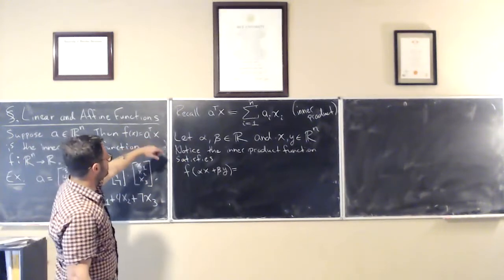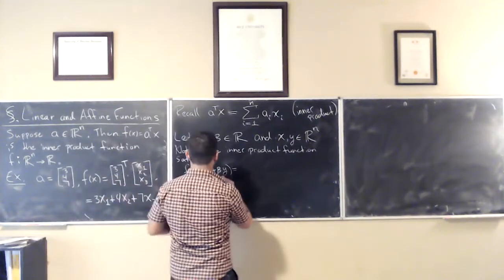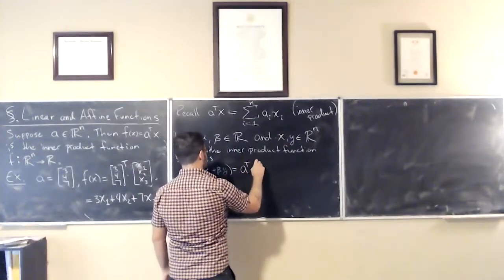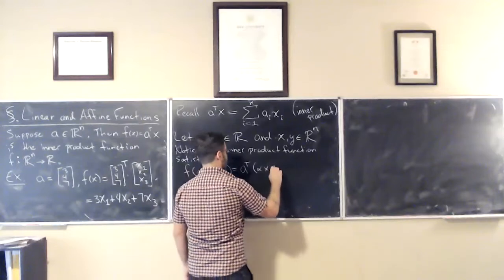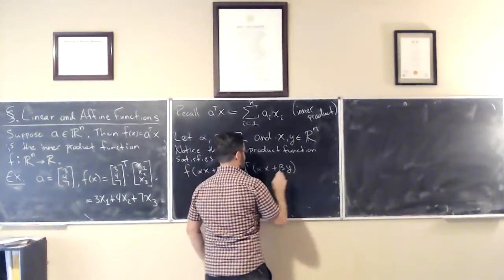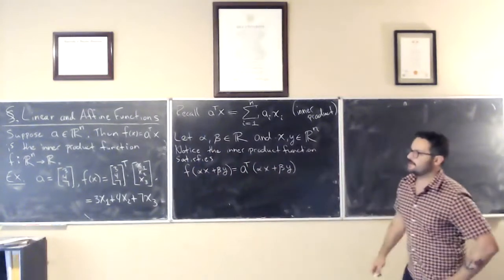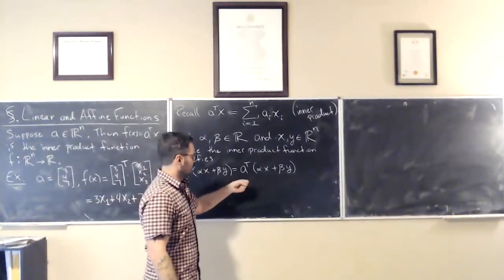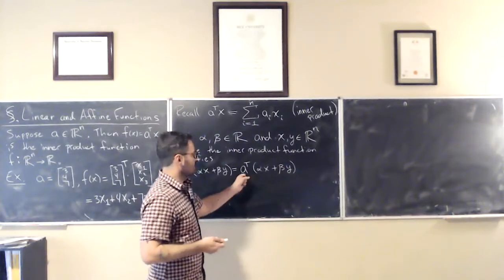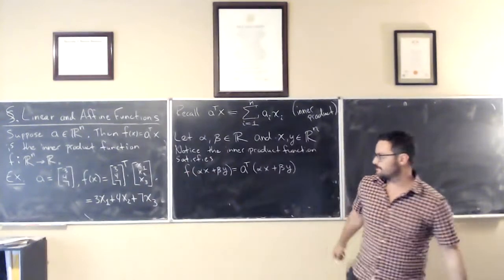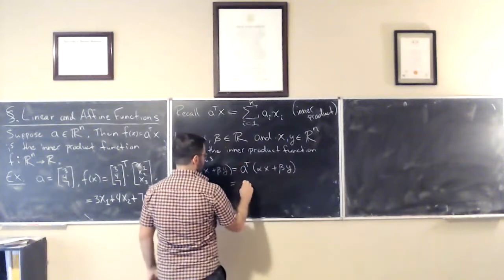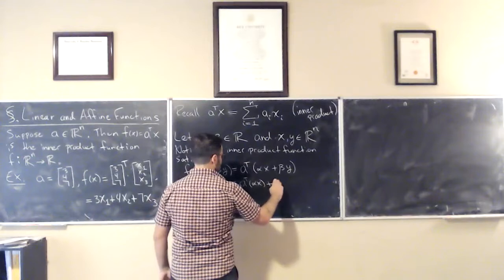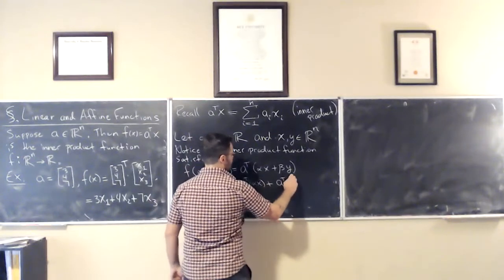It's A times the input, so A inner product, whatever's inside here. That's just some vector and we're multiplying it by A. But then we know from one of my previous lectures that the inner product is distributive. So this is going to be A times alpha x plus A times beta y.